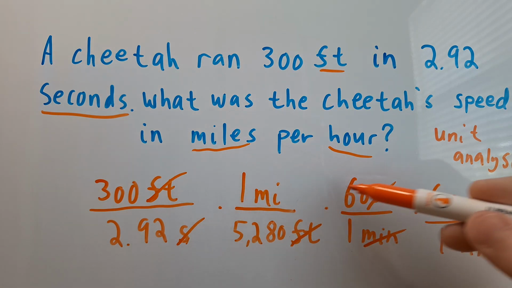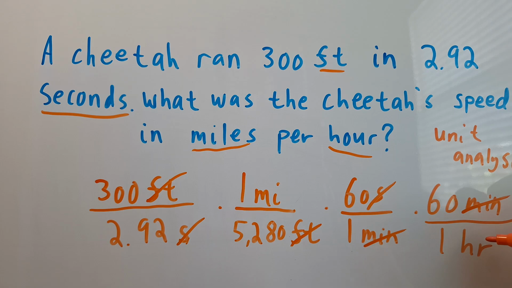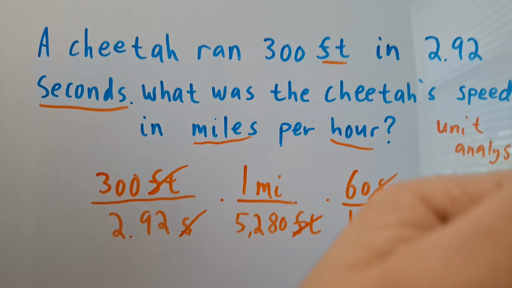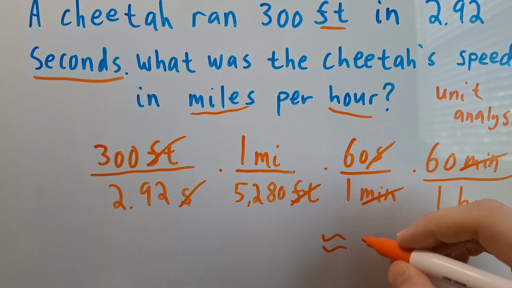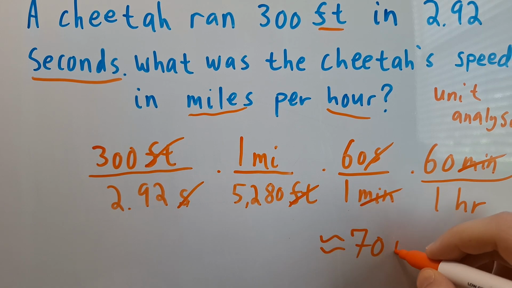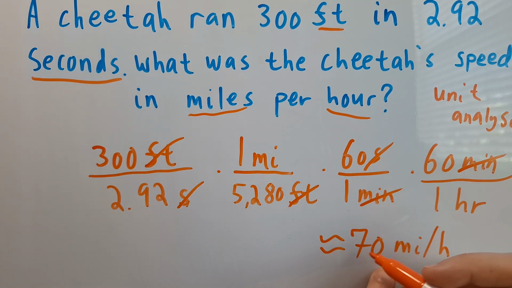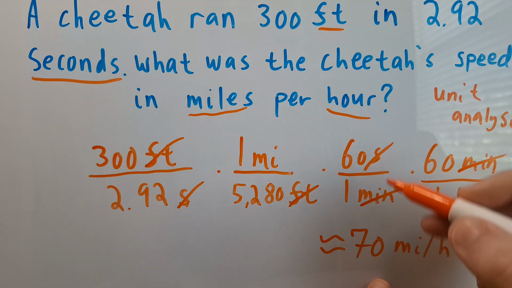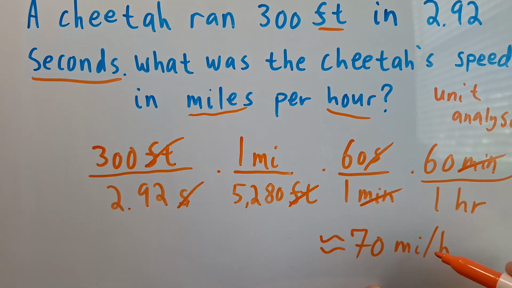If I multiply everything straight across, here's what I'm going to get. It's going to be approximately, move this down here, about 70 miles per hour. And you can also write your unit conversions this way for the final answer. You don't have to write it in that fraction form. This is perfectly fine.